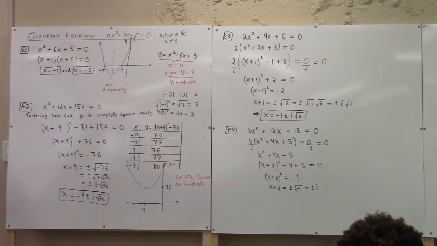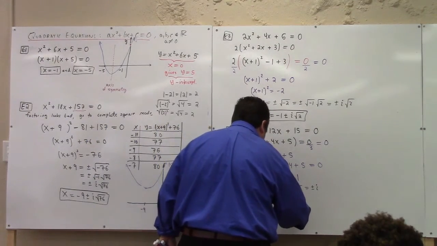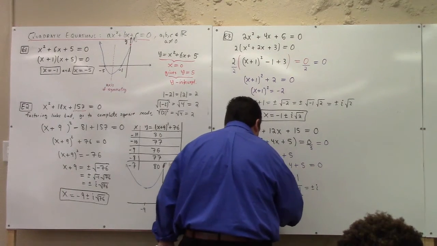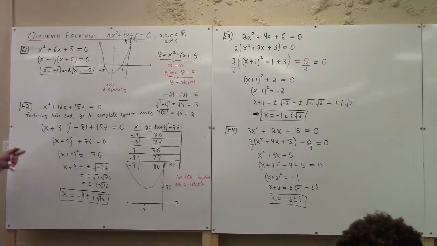Nobody wants to write that. And so subtract 2 from both sides, and we have the solution: x equals minus 2 plus or minus i. All right, I feel like I'm a broken record. I keep giving you another example with a complex case, but I think this is important because we haven't dealt with many of these yet.